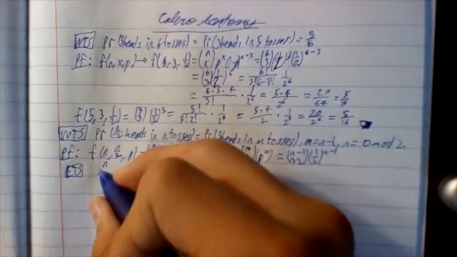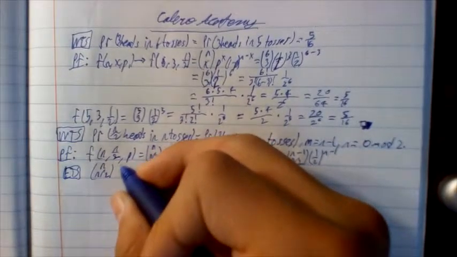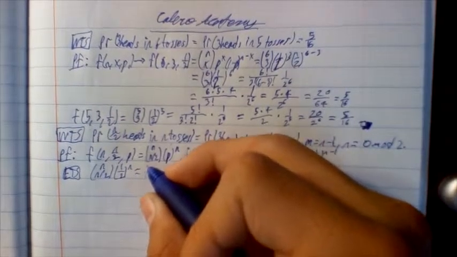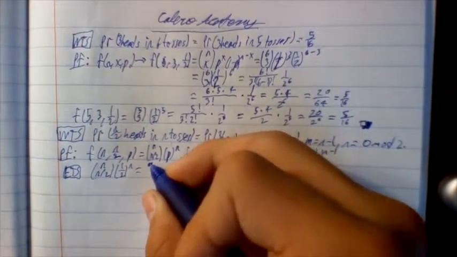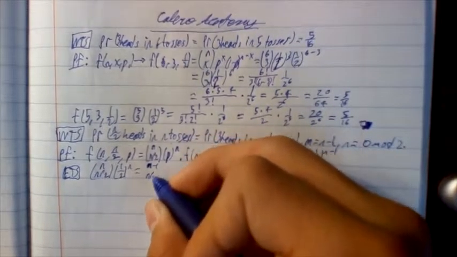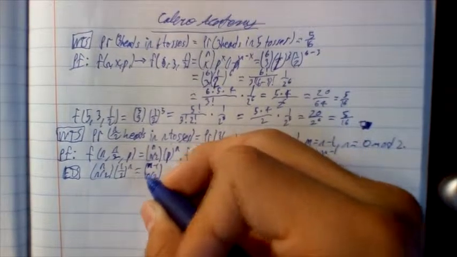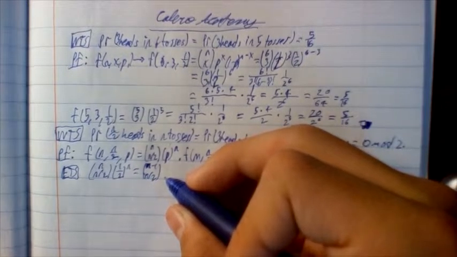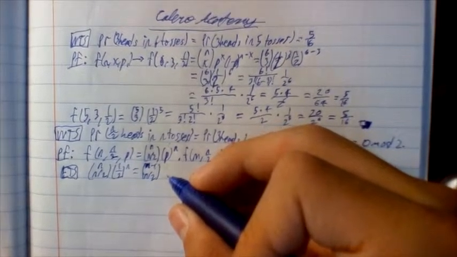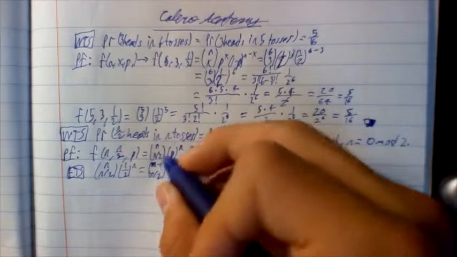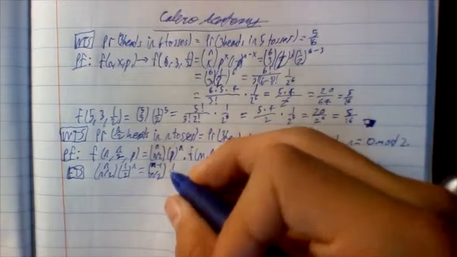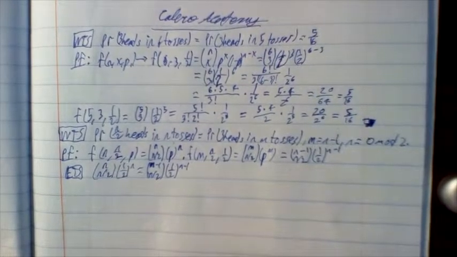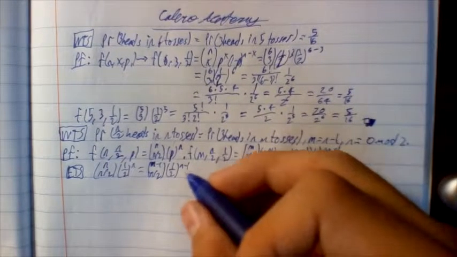So it's equivalent to show that n choose n on 2 times 1 on 2 to the power of n is equal to n minus 1 choose n on 2 times 1 on 2 to the power of n minus 1.